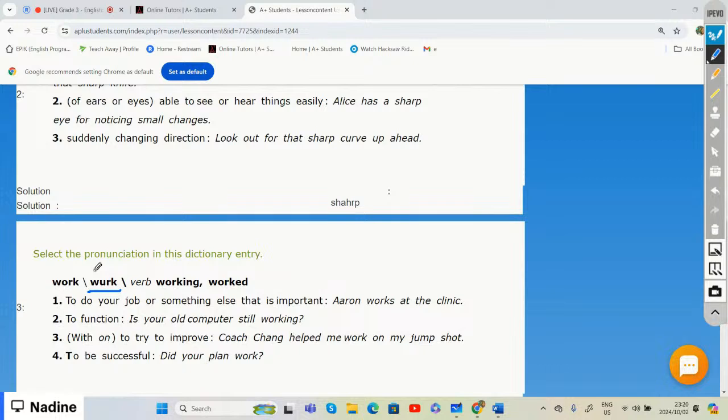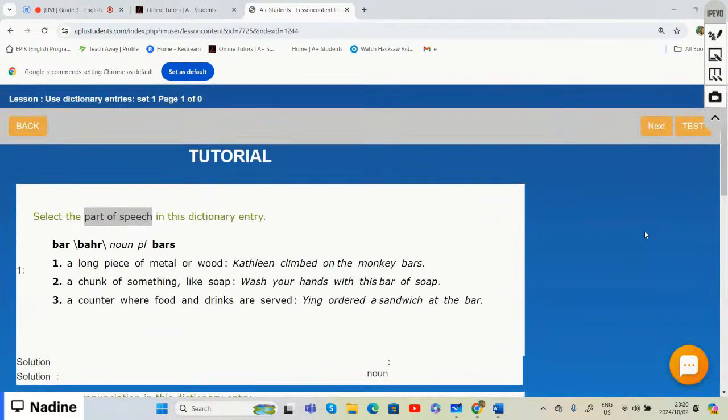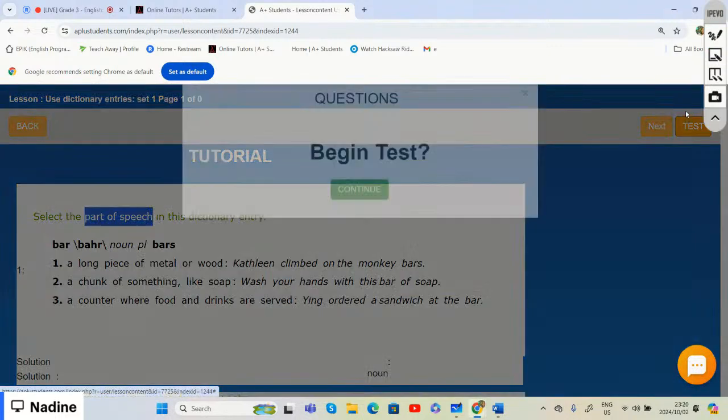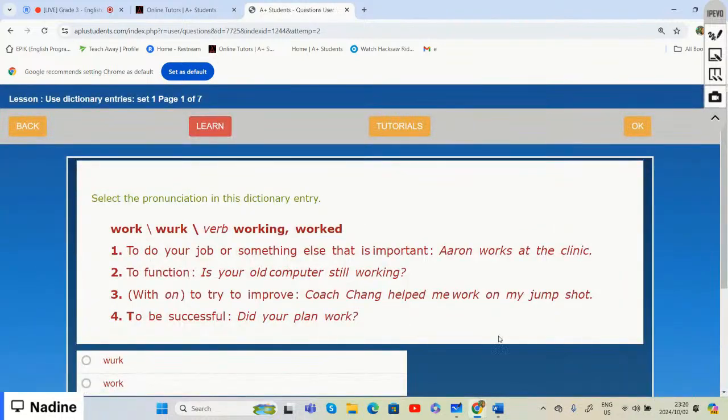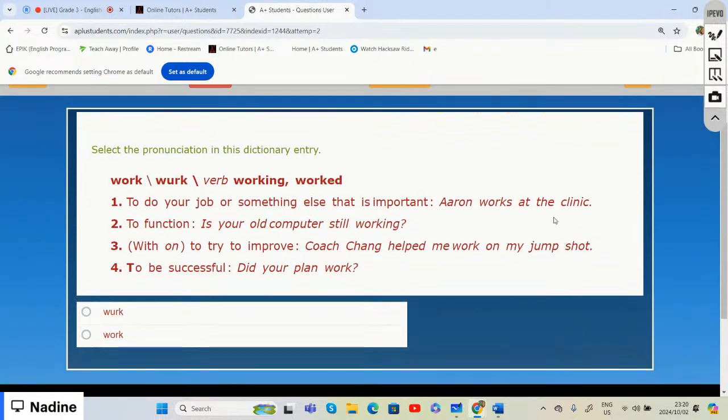That is the pronunciation. All right, so now we're going to our test where we're going to use dictionary entries. They will either ask you to select the word, to select the pronunciation, or any other part. So we have to be able to identify it from the dictionary entry. Here they say select the pronunciation in this dictionary entry.